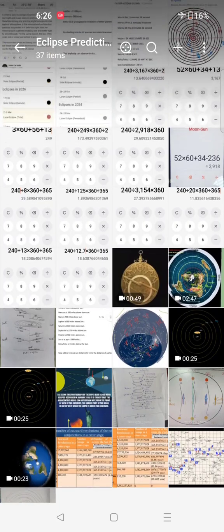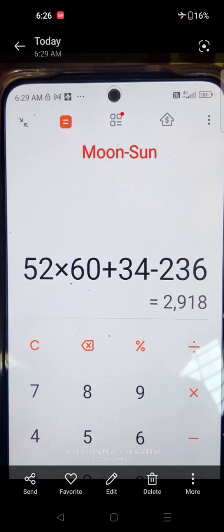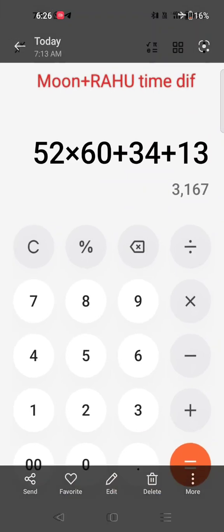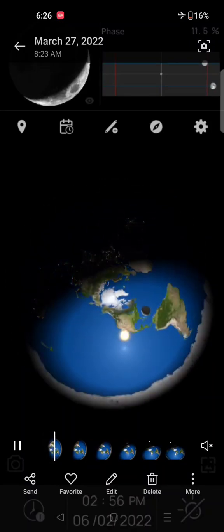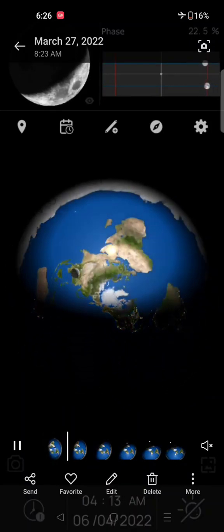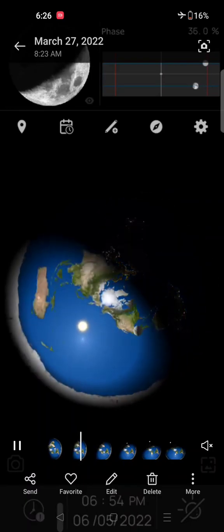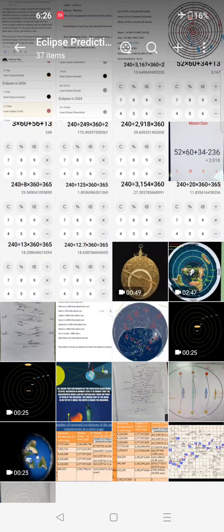So the question will be, how does this moon become reddish? Because as I've told you in my previous video, Rahu and Ketu are shadow planets. They are ordinarily reddish in color. But when they go near to the sun, suppose this is Rahu, going near to the sun, then this reddish becomes blackish.